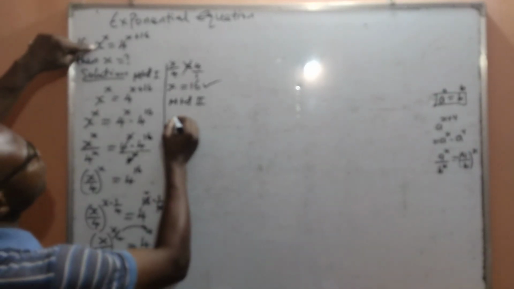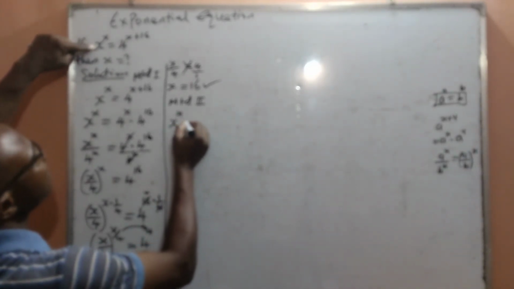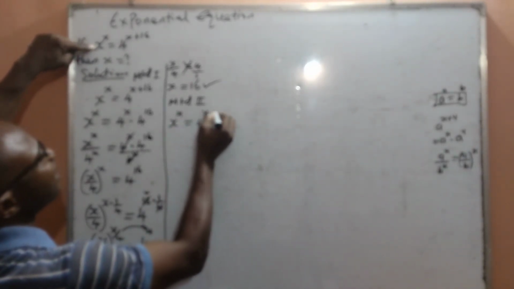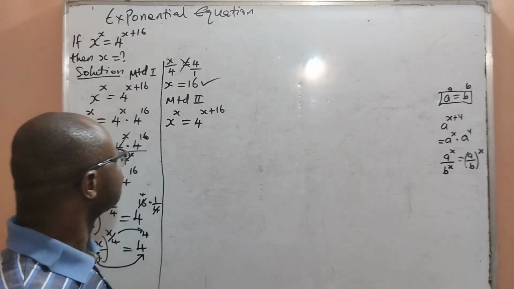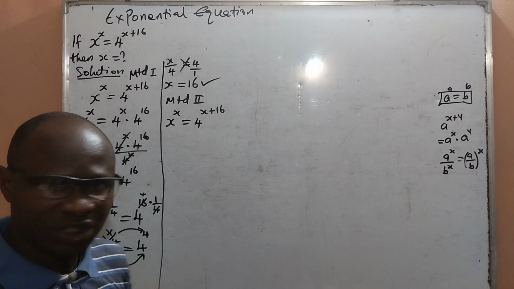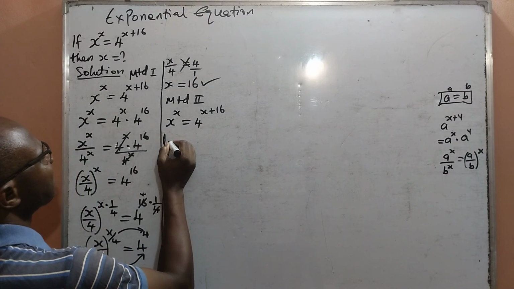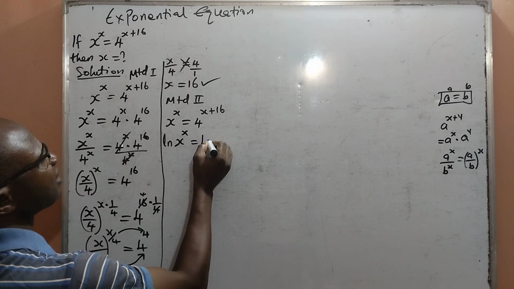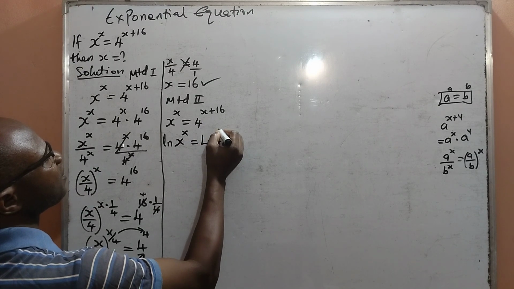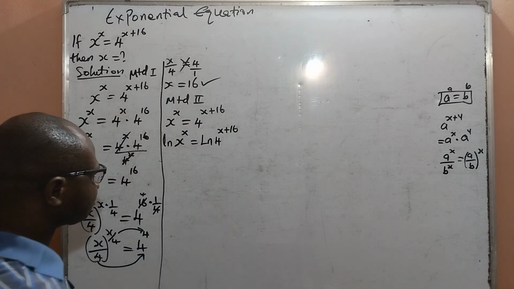Now, the question is given to me as x raised to the power x equal to 4 raised to the power x plus 16. So I will apply natural logarithm to both sides of the equation, and that will give me natural logarithm of x raised to the power x equal to natural logarithm of 4 raised to the power x plus 16.